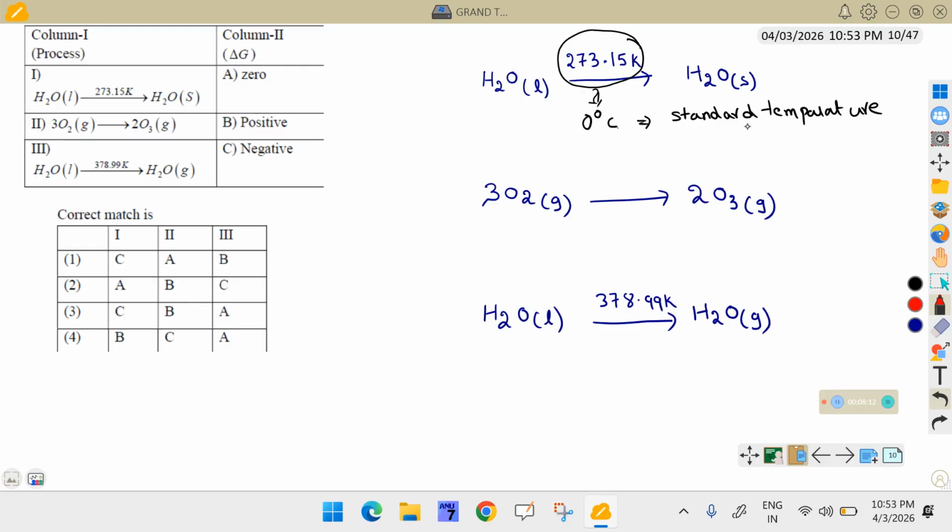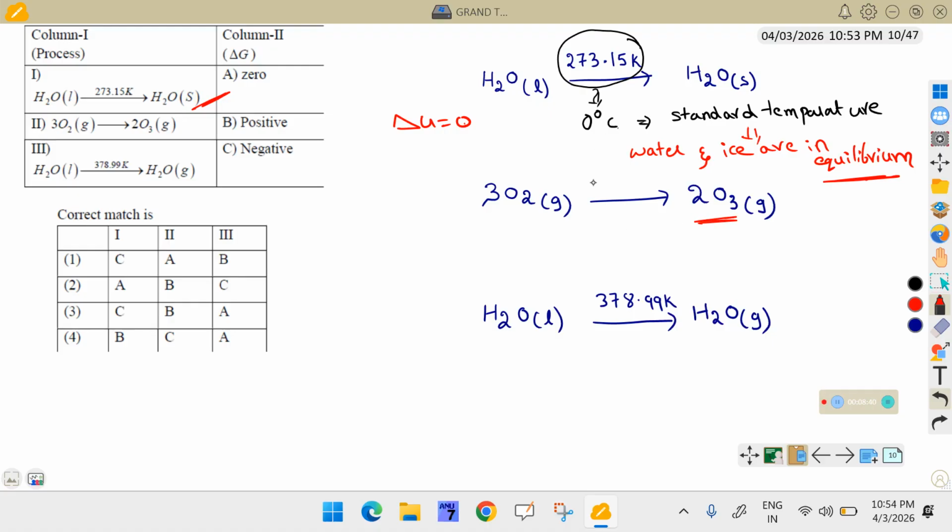At this condition, water and ice are in equilibrium. At equilibrium, the value of delta G is equal to 0. 3 moles of O2 gives rise to 2 moles of O3.